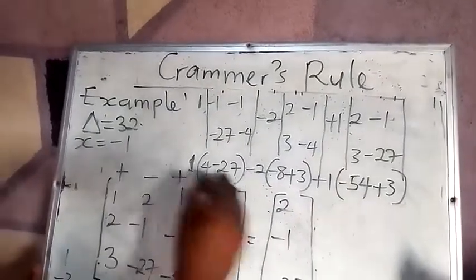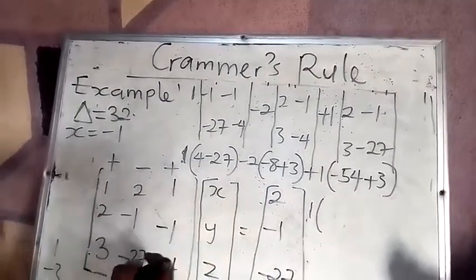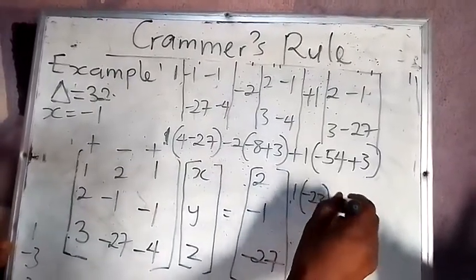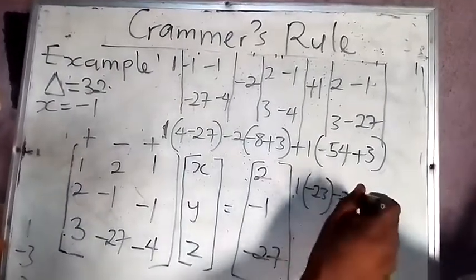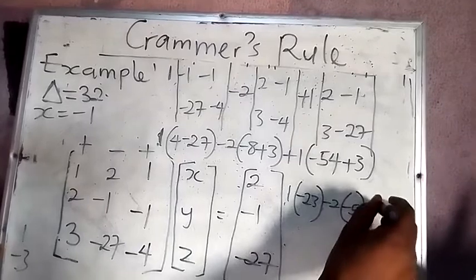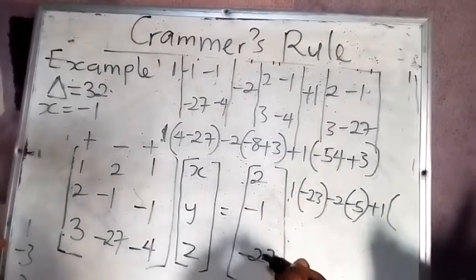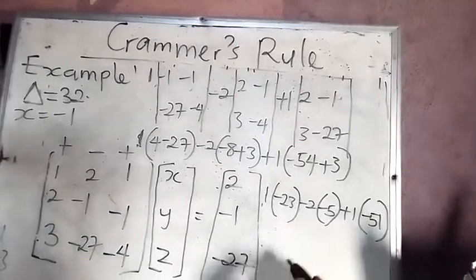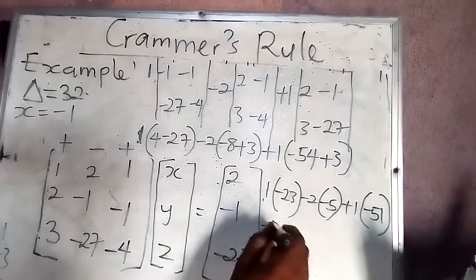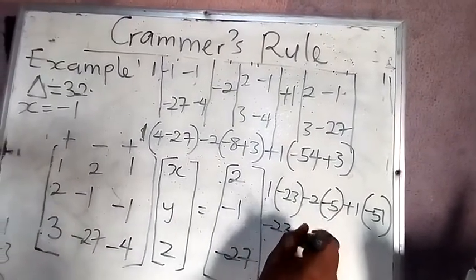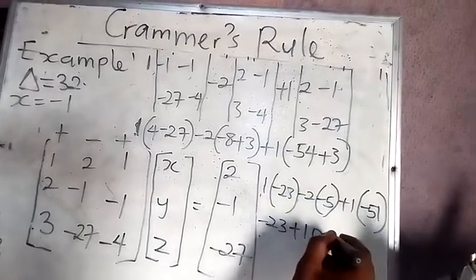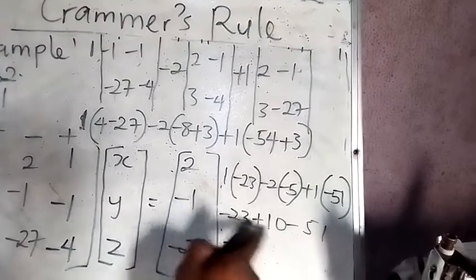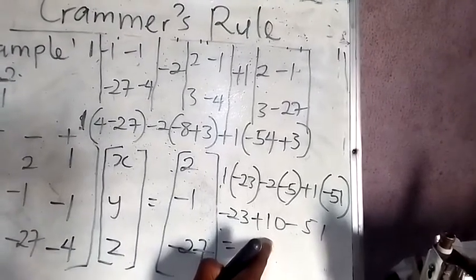So that means 1, bracket, 4 minus 27, minus 23. Minus 2, open bracket, minus 8 plus 3, minus 5. Minus 54 plus 3, that is minus 51. So 1 times minus 23, minus 23. Minus times minus plus, 2 times 5, 10. Plus times minus, minus 51. So minus 23 plus 10, that is minus 13.